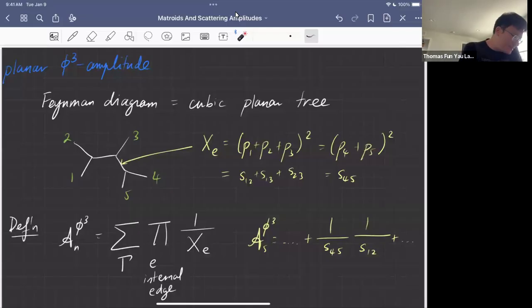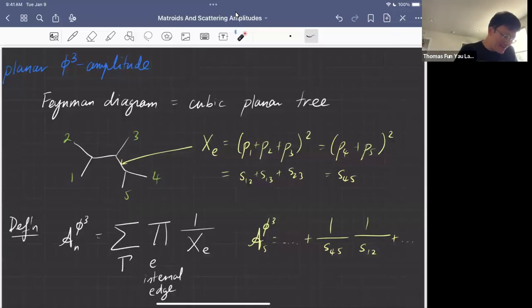The kind of particle I have in mind when I'm writing down this amplitude is called a scalar particle. They're not very common in terms of the kind of interactions that we see. In particular, this phi cubed amplitude says that the particles will only interact three at a time. And as far as I know, it doesn't correspond to an actual particle. So this is a toy model that you will find in a textbook in quantum field theory.